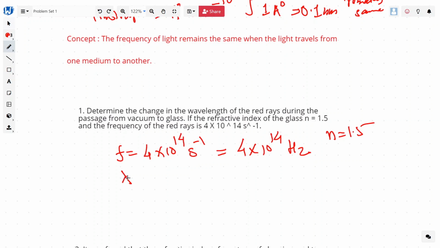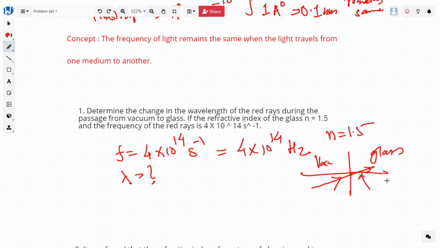So wavelength is unknown. Let's try to visualize the problem. The ray of light is traveling from vacuum to glass. And when it enters the glass, some things will happen.